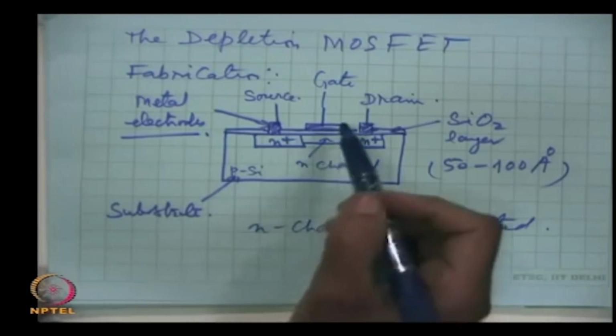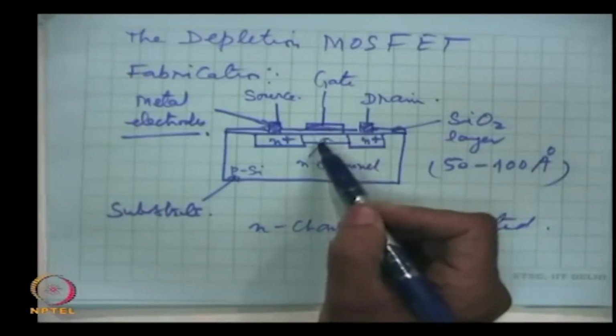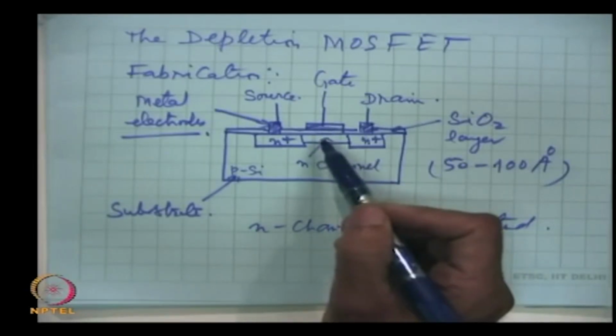Let me point out one big difference with JFET. In the N type JFET, the gate voltage was necessarily negative, reverse biasing the junction. Here, below the gate there is no PN junction.